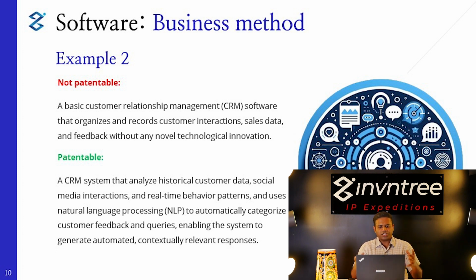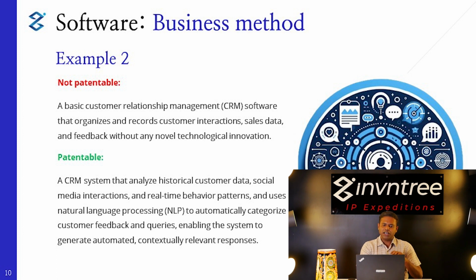Because essentially you're just organizing data and putting a flow to the whole business process: we start off with a particular prospect, and then we contact them. When we contact them, they move to the next stage of a sales pipeline. And if they are still interested, they probably move to a further stage in the sales pipeline, and so forth. So this is all a typical business method, right?